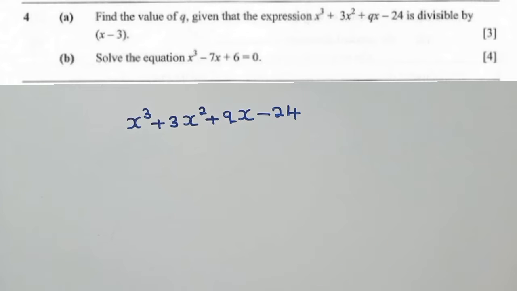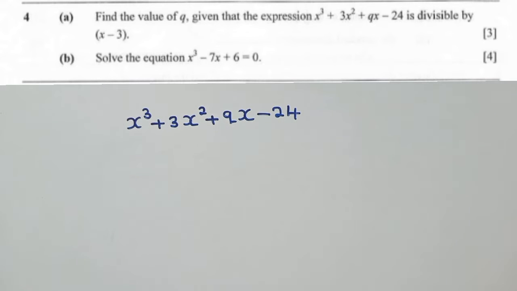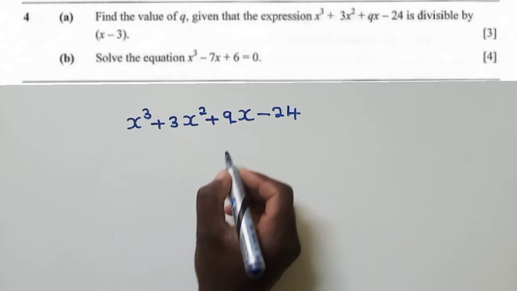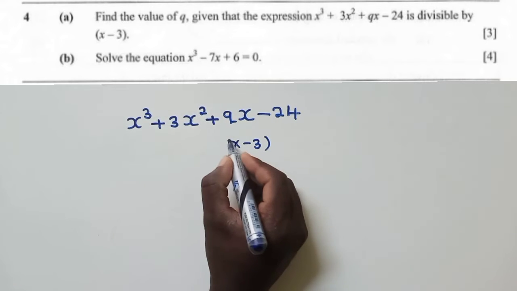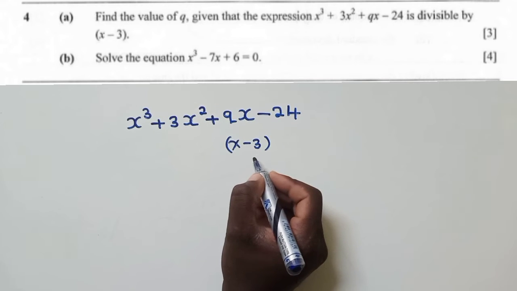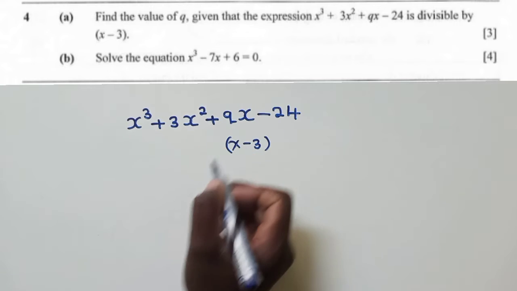Following what we've been given here, we know that this expression right here is divisible by x minus 3. So it's divisible by this. Now, how do we get the value of q?